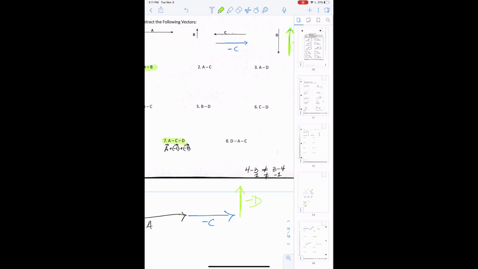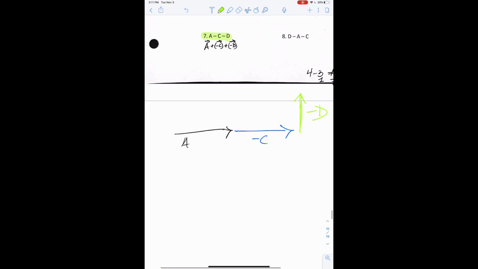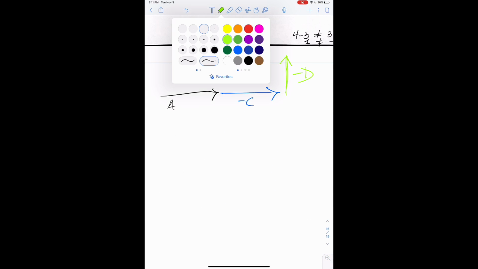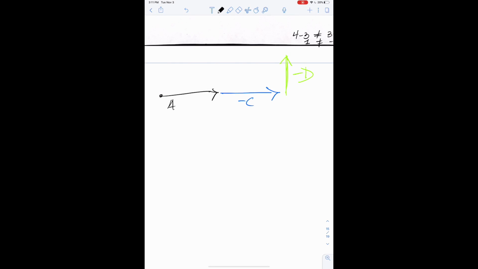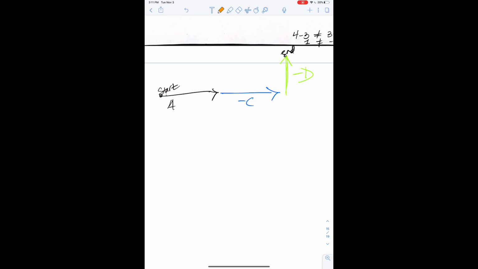Okay, so then we just follow the map, right? Follow the treasure map. Here's the start. We're going to go right, right, and then up. Here's the end. And then R is the orange dotted line. R always points from the start to the end.